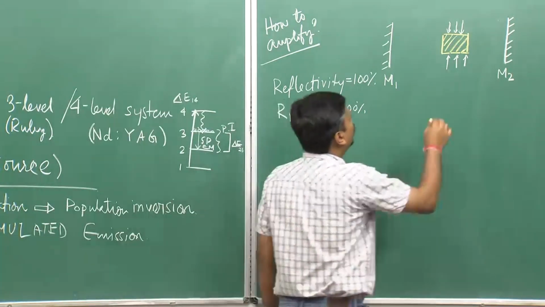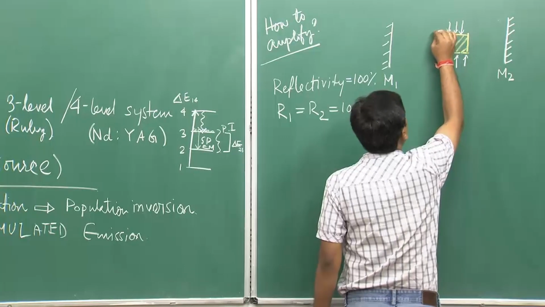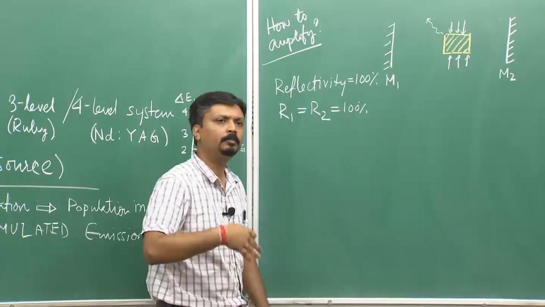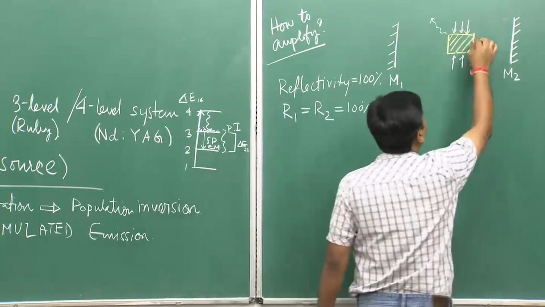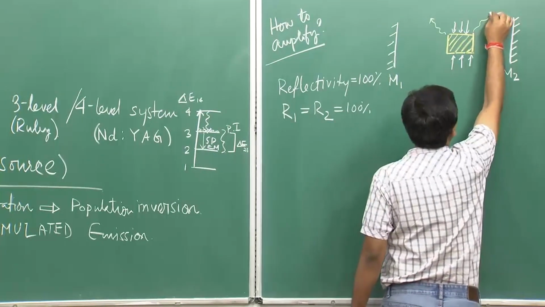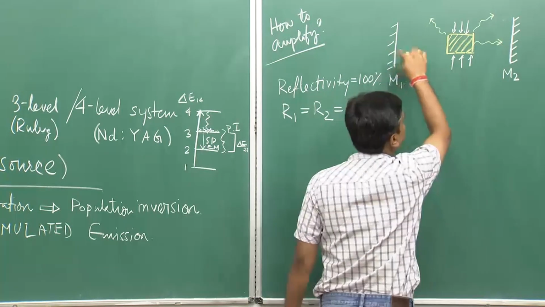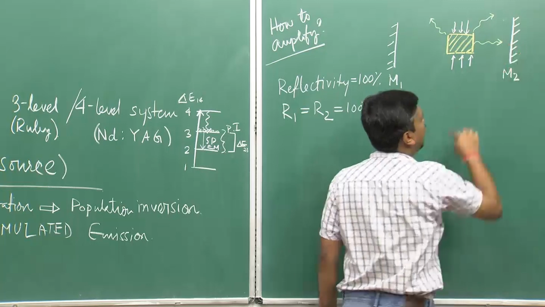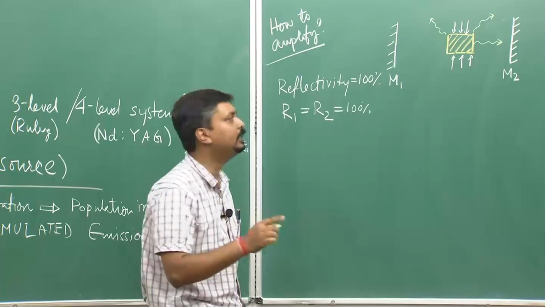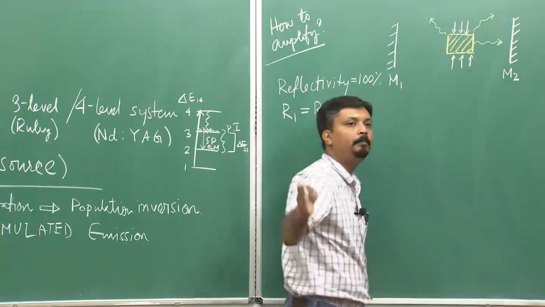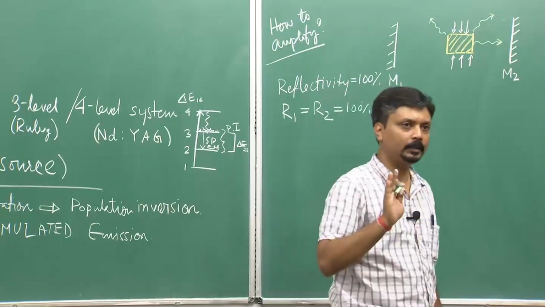So, spontaneous emission will take place randomly. So, it can go in this direction, it can also go in the direction which is along the axis of this cavity, which means the axis which is perpendicular to the mirror planes, all right.